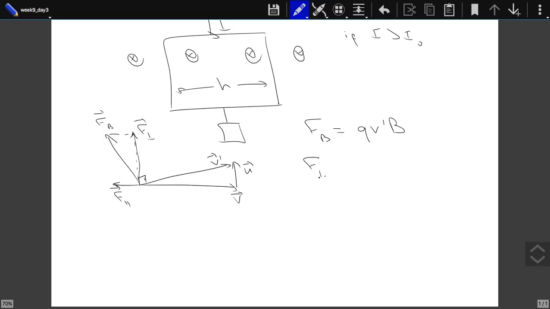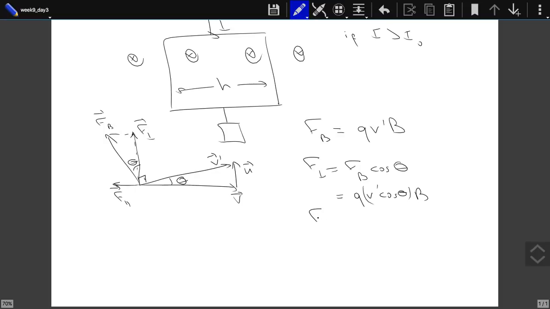Now, let's call this angle theta. This angle will also be theta. The perpendicular component of the force will be just Fb times cosine theta, which is q times v prime times cosine theta times B. But you see, v prime times cosine theta is nothing but v.